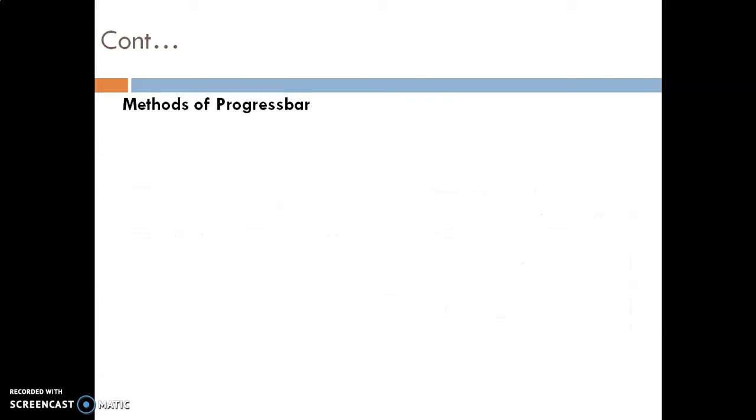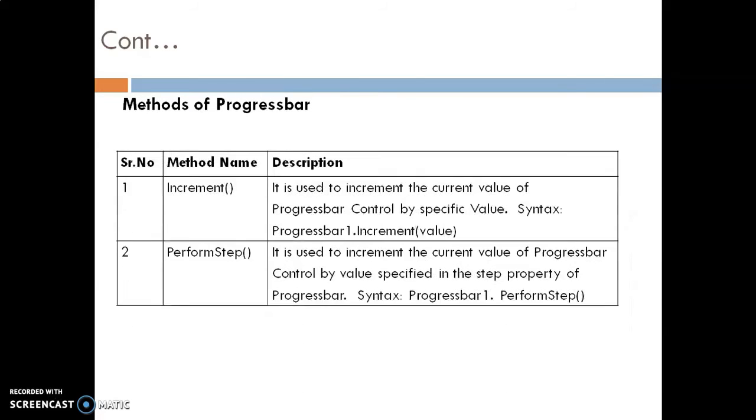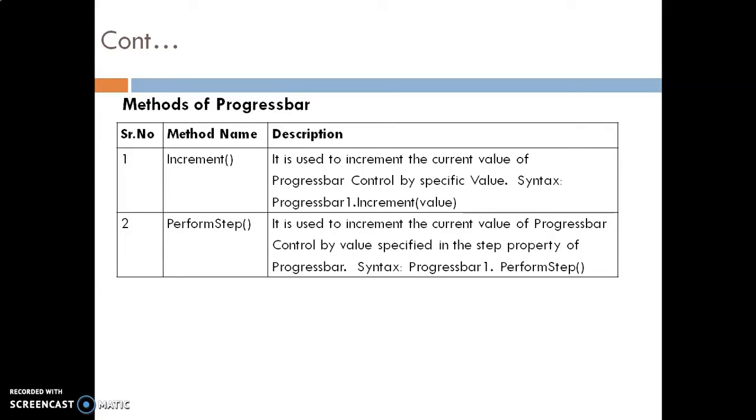Now methods of progress bar. In progress bar, generally two methods are used. First is increment and second is perform step. Increment is used to increment the current value of the progress bar control, and for that we have to write progressBar1.Increment, and in brackets we specify a specific value.